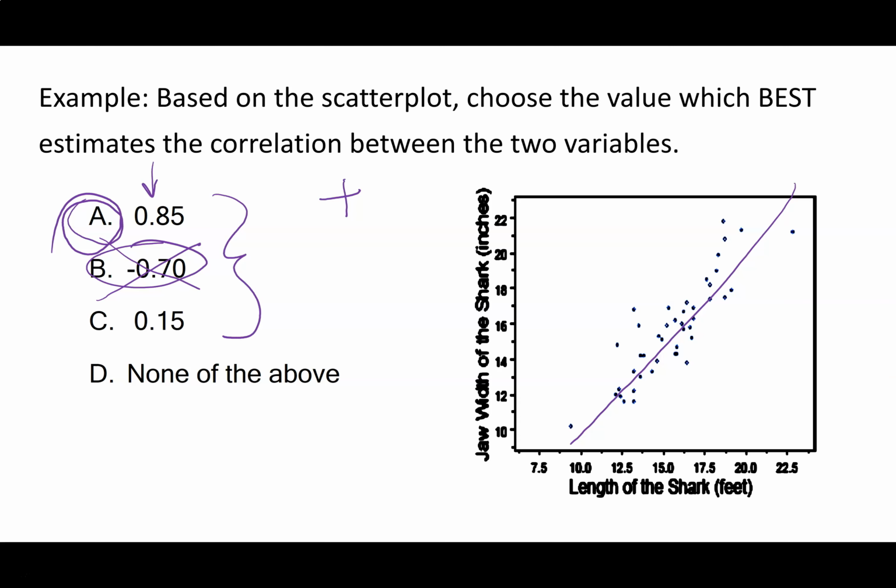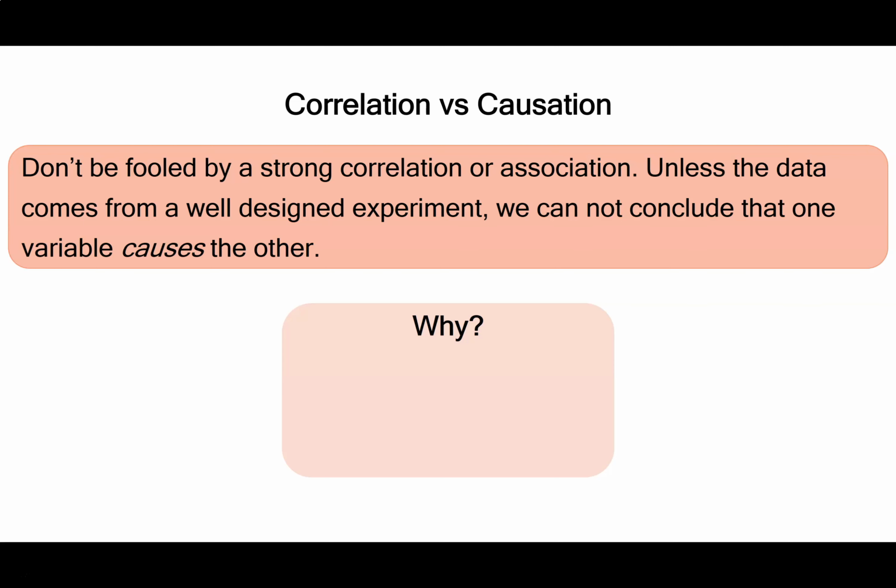So one thing that most people have heard, even if they don't know what we mean by it, is correlation is not equal to causation. So just because two things are related to one another doesn't mean that one of them is causing the other, essentially. So just because you have a very strong correlation, don't be fooled, because unless we know that it's a well-designed experiment, so we know that we randomly assign treatments specifically, we can't say that one variable caused the other.